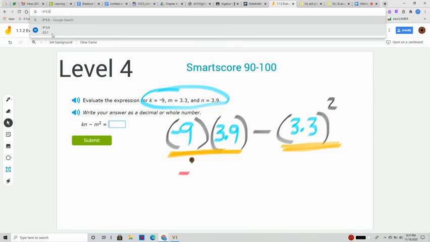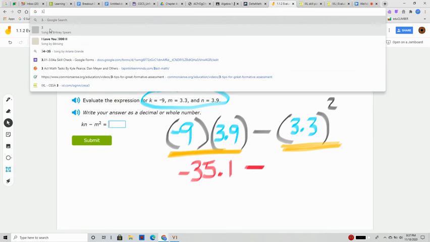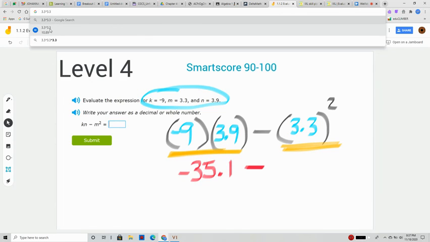Negative 35.1 minus 3.3 to the second power. That's 3.3 times 3.3, which is 10.89. And now we are subtracting.